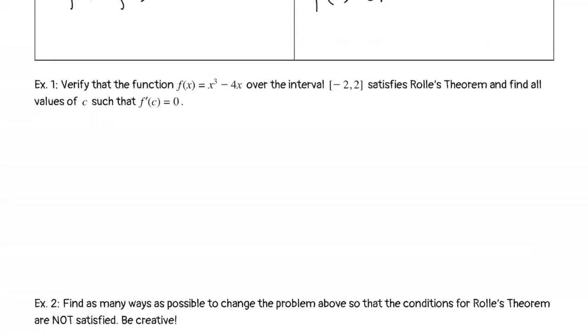The first half is saying, tell me that you know Rolle's theorem is going to be applicable here. The second part, finding the values of c, is saying, now I want you to find where those horizontal tangents are happening.